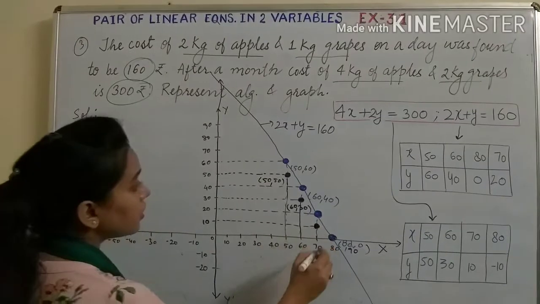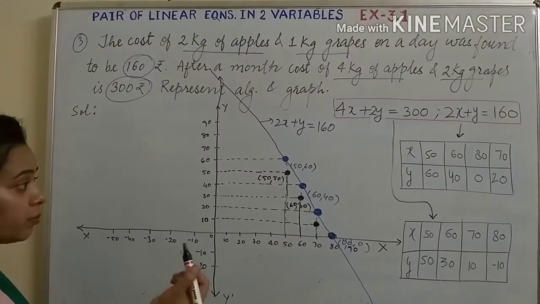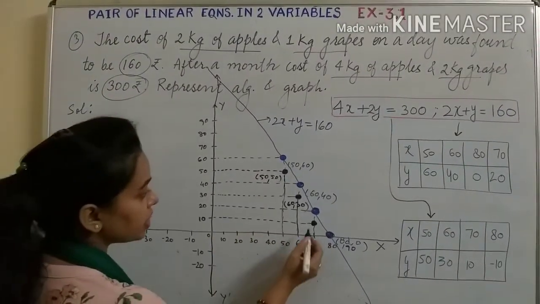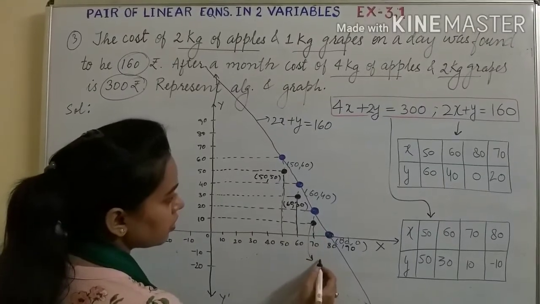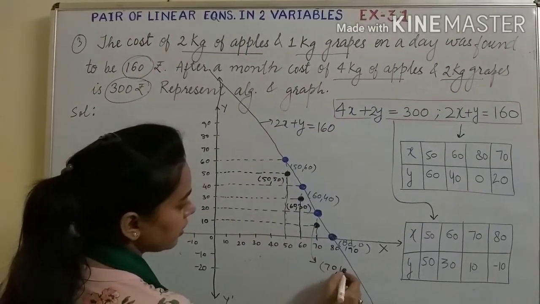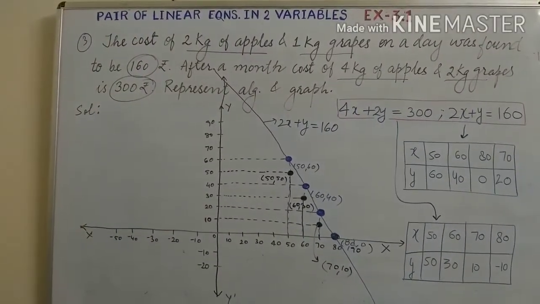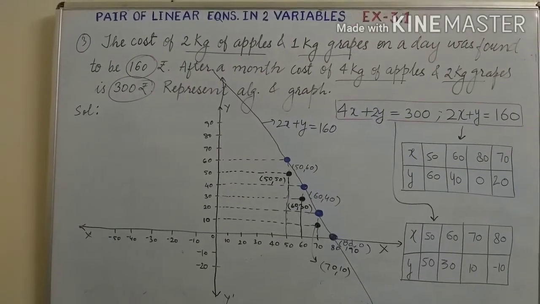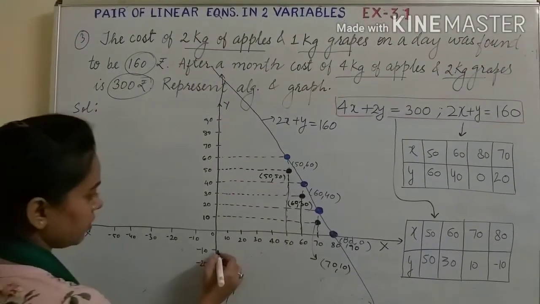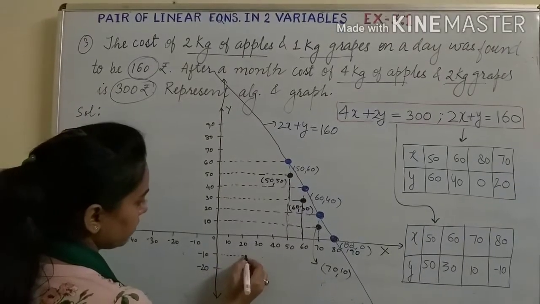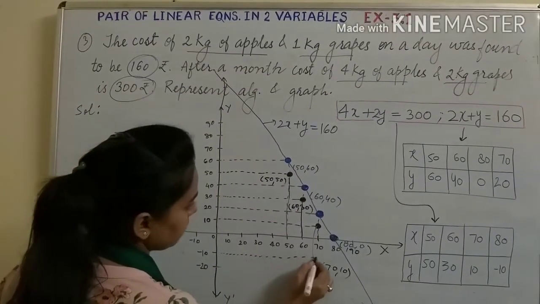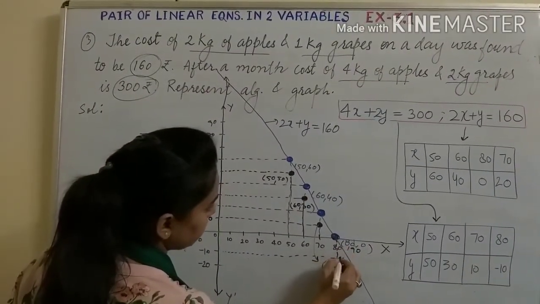I'm taking the second equation coordinates with the black so that you can differentiate. This is for 70 and 10. Then next is x 80, y minus 10. Y minus 10 is here and 80 is here.